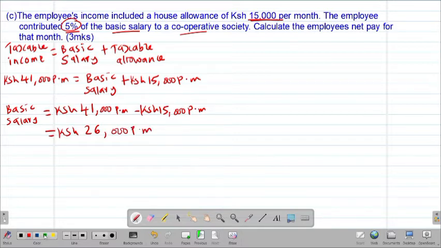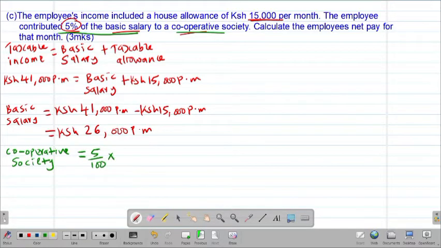So it means that the contribution towards the cooperative society was as follows. Therefore, the cooperative society contribution was 5% of the basic salary. So this is 5% of the basic salary, which is 26,000 Kenya shillings per month.